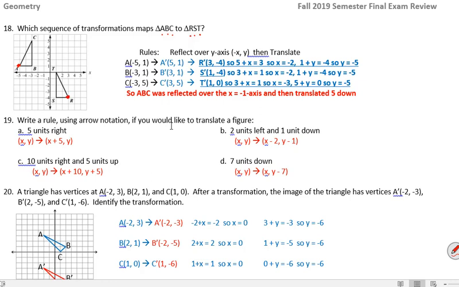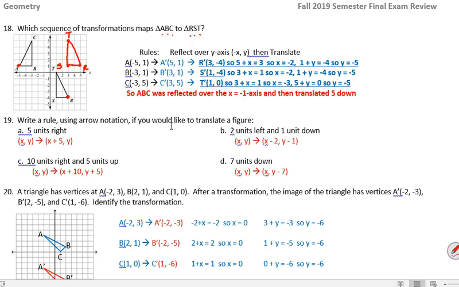If I just reflect over the axis here, notice that this is my R, this is my T, and this is my S. I can tell that there was a reflection, and then there was a translation.